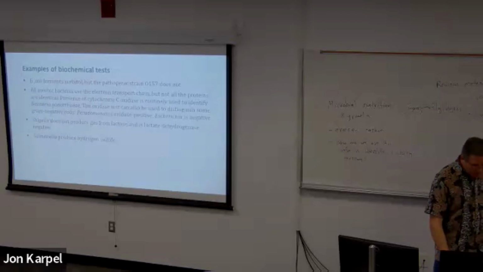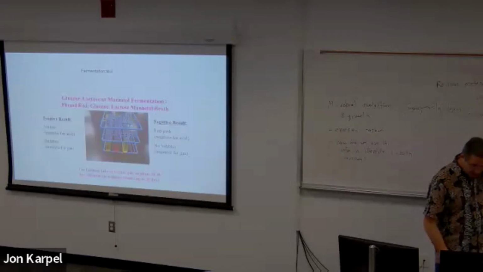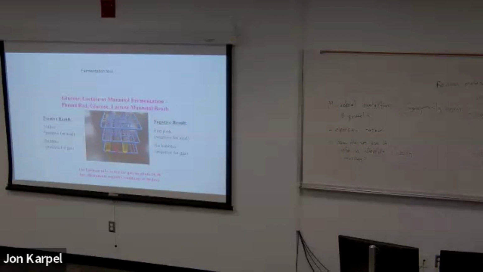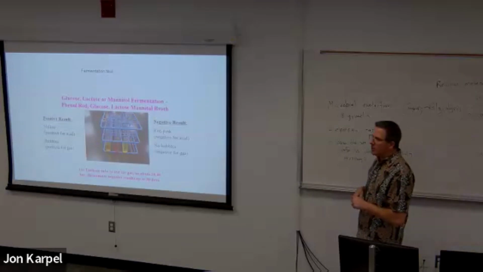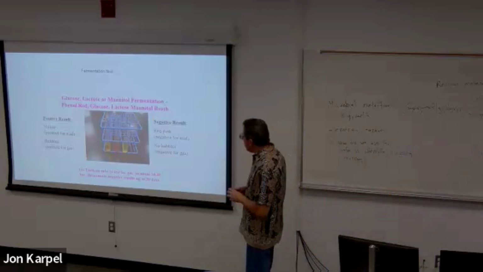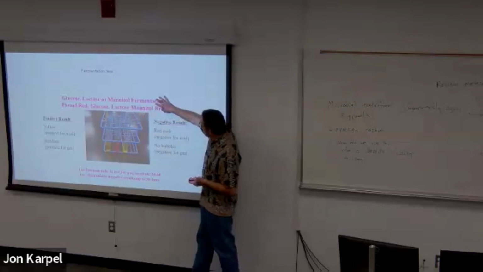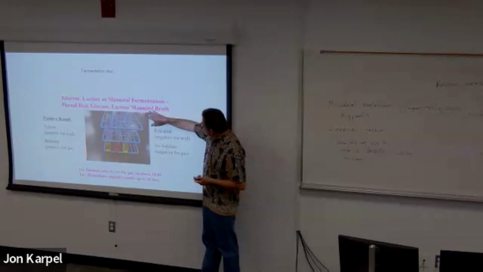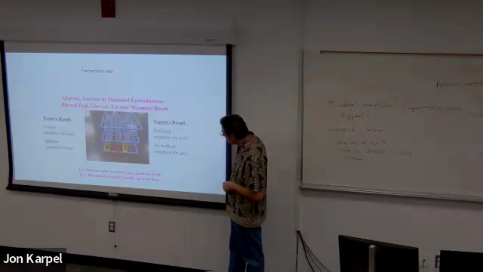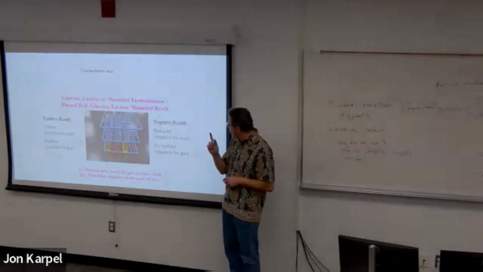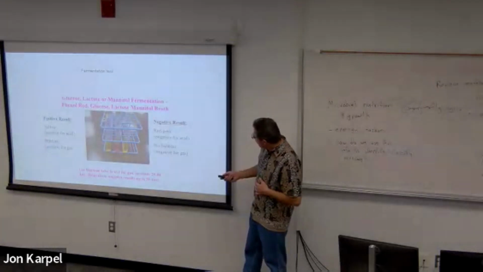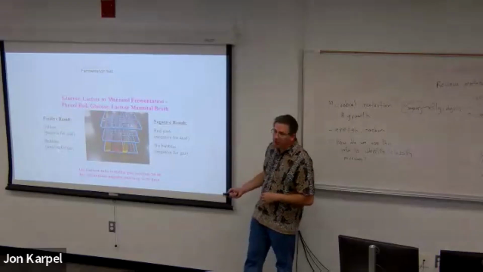Let me give you some examples. You don't have to memorize any of these. But I wanted to give you a handful that I thought were kind of interesting. But think about what they're doing. So this one is based on fermentation, and it's a sugar broth that's in there. So there's two things you can look for. One is a change in color.